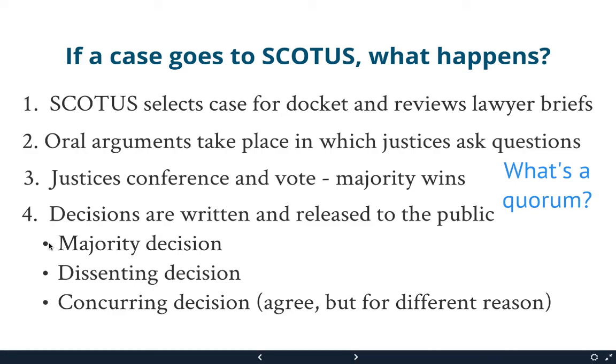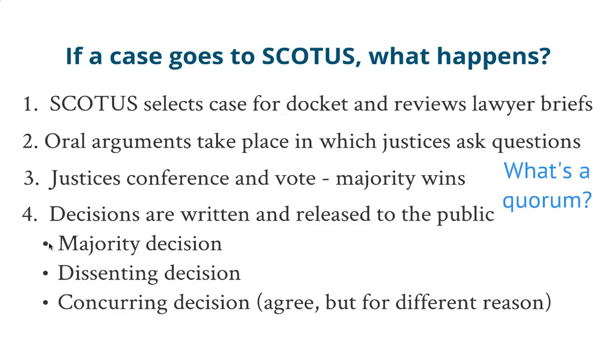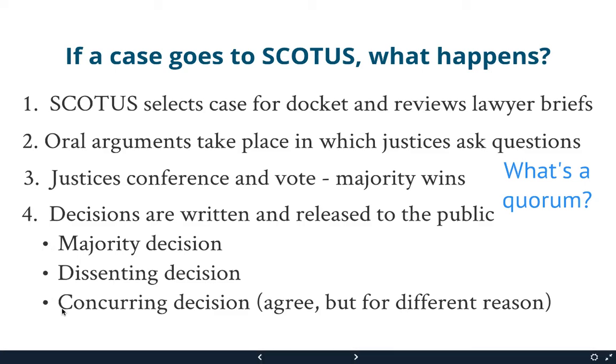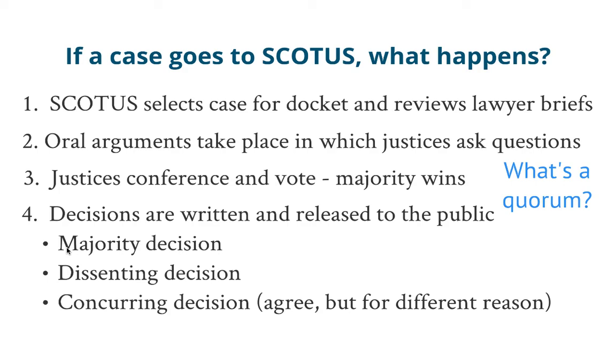But let's say that 2 justices decided that they do agree that gay marriage should be legal, but not because the 9th Amendment guarantees you the right to marry who you want, but rather that all citizens should be treated equally. That would be a concurring decision because they agree that gay marriage should be legal in that sense. However, they think that the 14th Amendment is the reason that gay marriage should be legal.